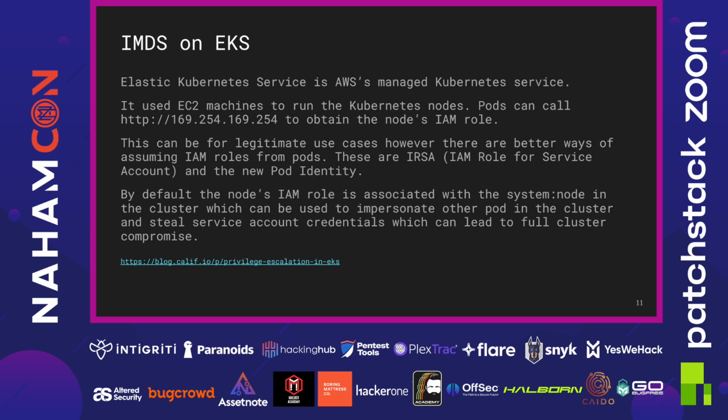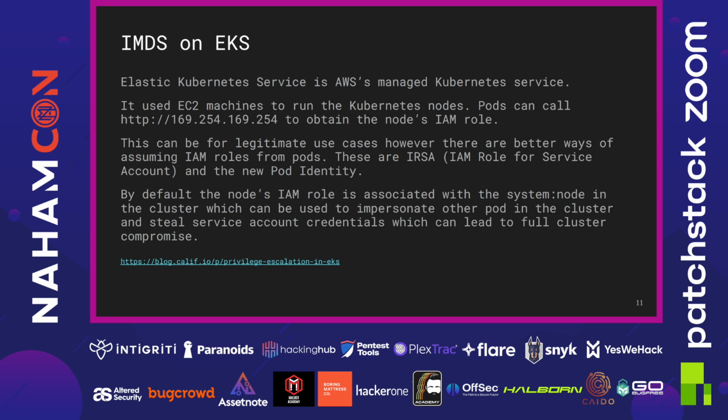There is a big issue with this kind of vulnerability in EKS, and that is that by default, the node's role is associated with the system:nodes group in Kubernetes, which has permissions to impersonate any pod in that Kubernetes cluster. And with that, you're able to steal credentials for Kubernetes service accounts running in those pods.